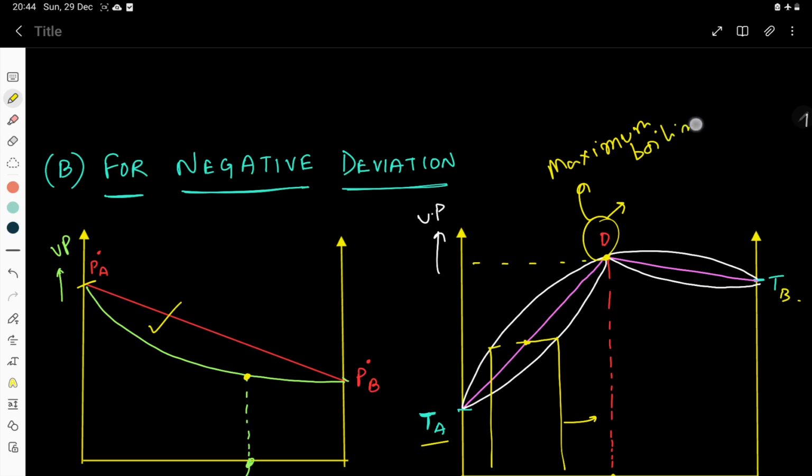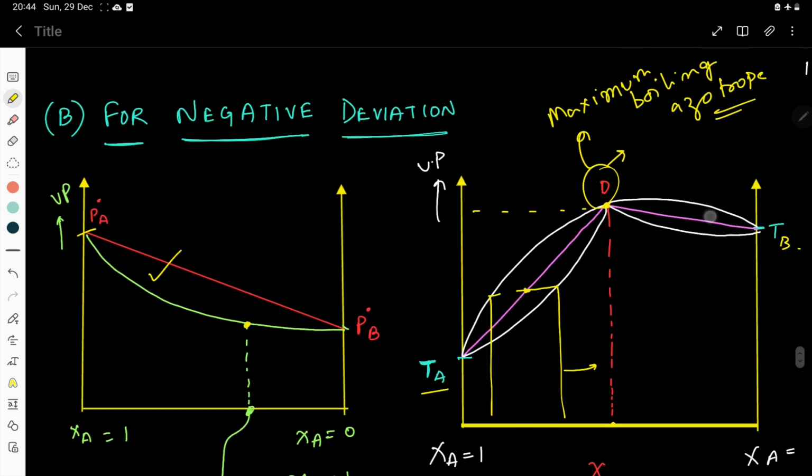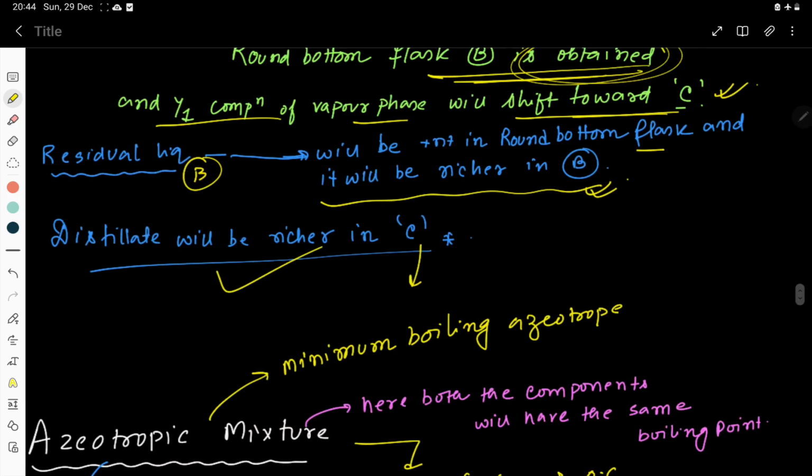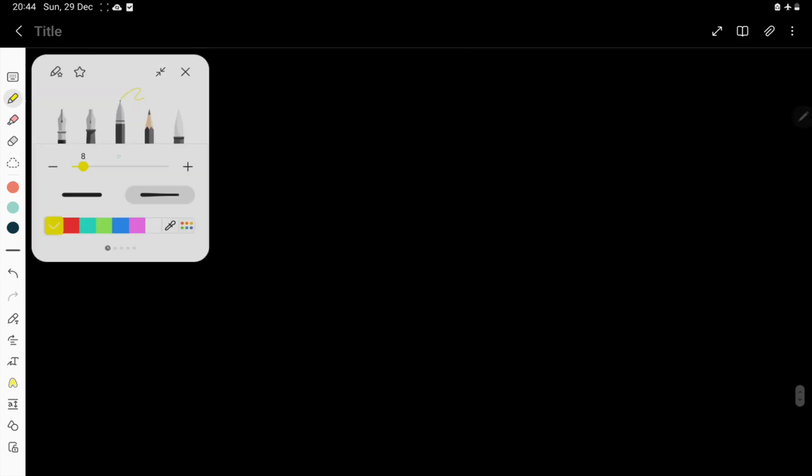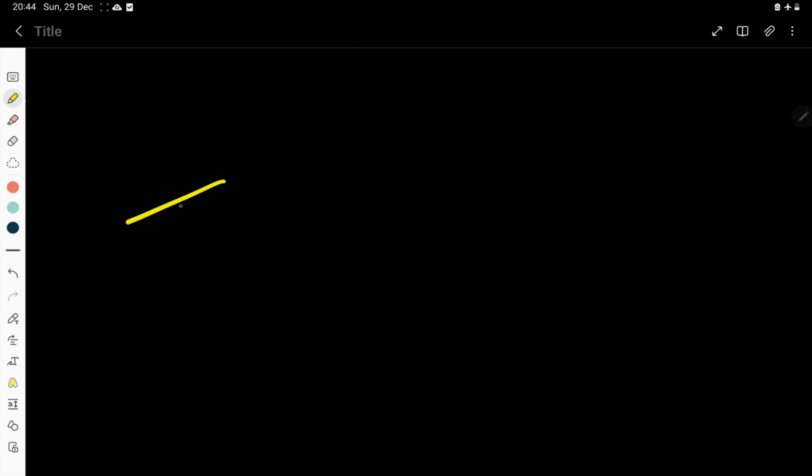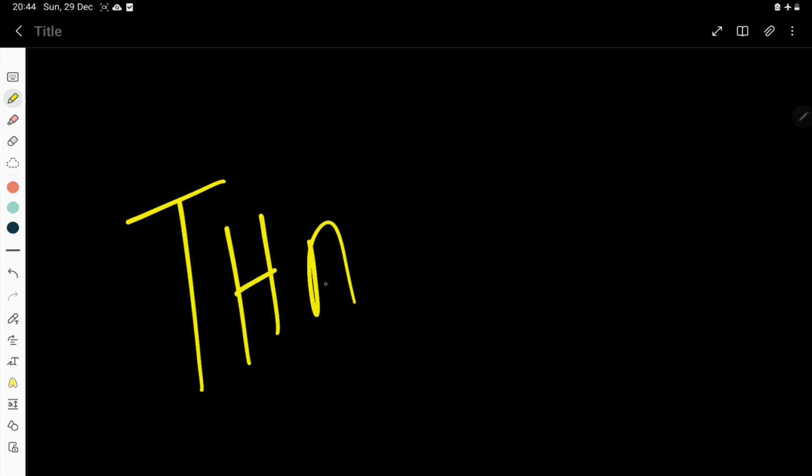Maximum boiling azeotrope. And here also we will get pure A and pure B. Here also we have to consider this left and right side separately. The basic is the same as that of the previous one. So that's it. Thanks.